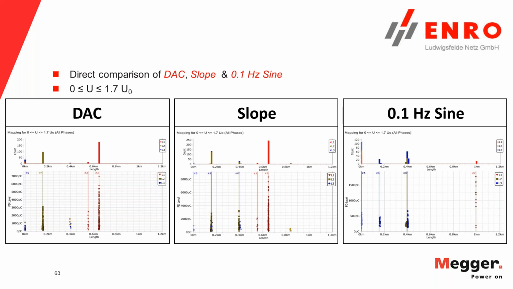That's the amount of discharges measured, and see these bars there, they're for the three phases, L1, L2, and L3, and you see the count is pretty much a few tens, while the other two waveforms, specifically slope, have a few hundred counts there.